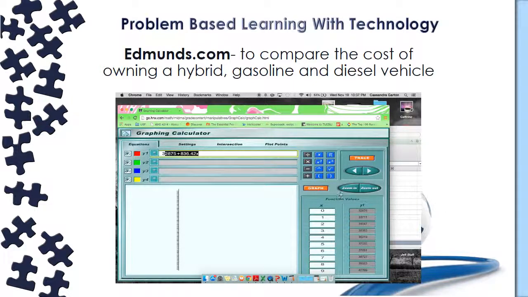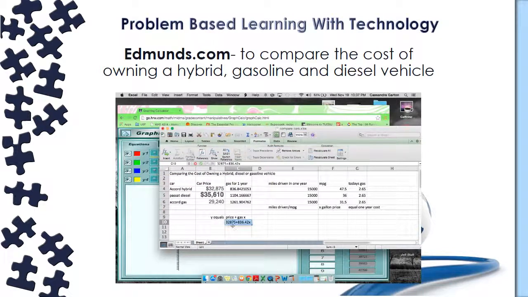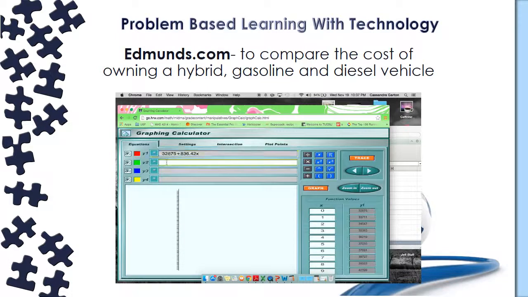and go back to the spreadsheet and do the next vehicle, which is going to be the Passat diesel. So $35,610 plus $1,104.17 x, and go ahead and copy and paste that into my graphing calculator.